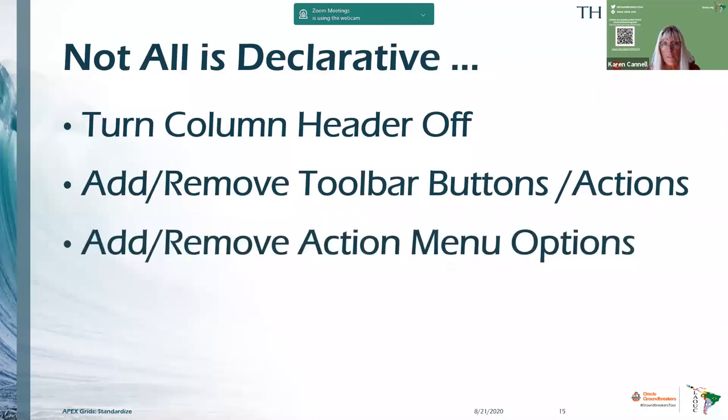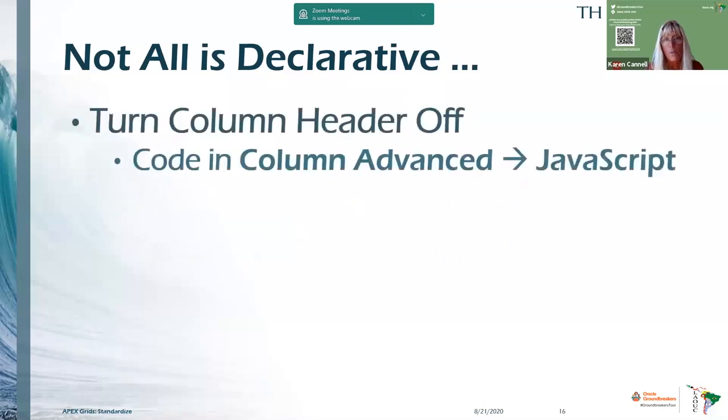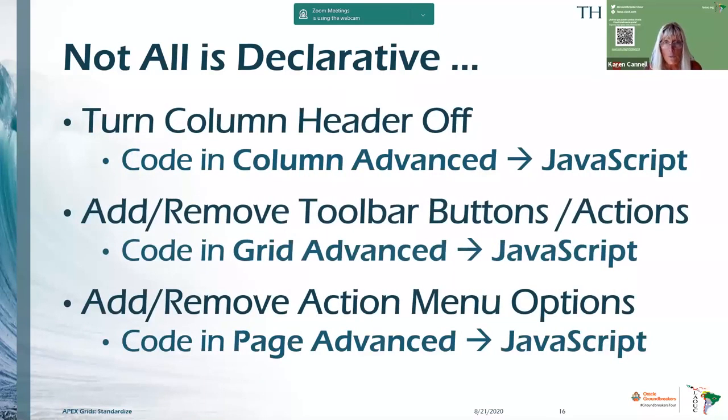Not everything is declarative. There's a ton in there, but say I want to just totally turn the column header off, or I want to add and remove toolbar buttons or row actions, or I want to change the action menu options. Well, for those, we write code. For the column header, it's in the column advanced JavaScript region.